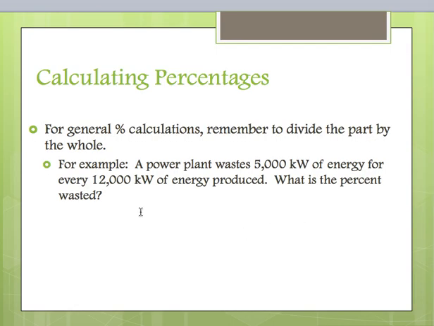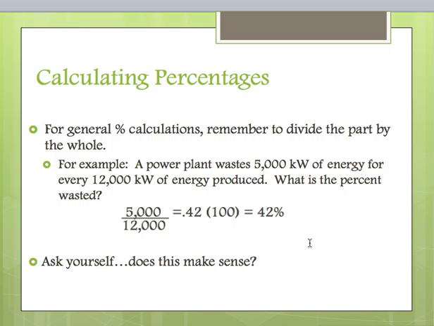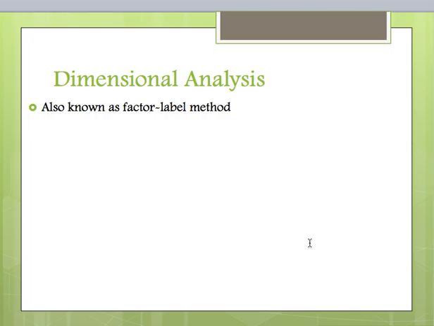So here again, a power plant wastes 5,000 kilowatts of energy for every 12,000 kilowatts of energy produced. What is the percent wasted? There's our part, 5,000 over 12,000 equals 42%. Does that make sense? Yeah, 5,000 is a little less than 50% of 12,000. So that does make sense.